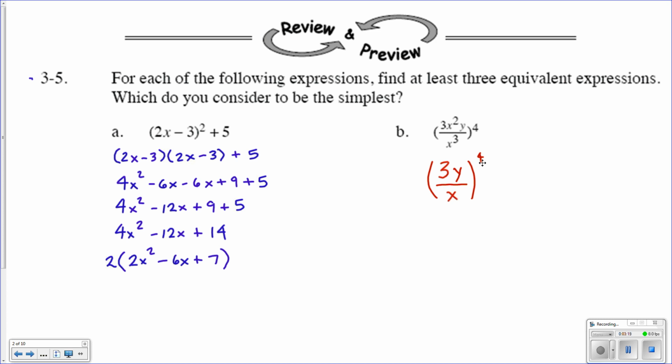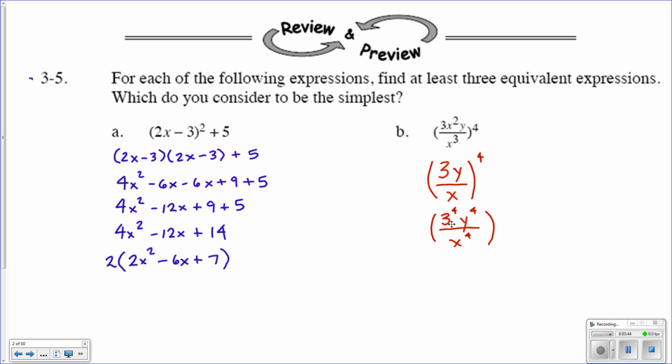I could raise everything inside of here to the fourth power. That would be another one. I could say 3 to the fourth power, y to the fourth power, over x to the fourth power. I could look at then saying, oh, well, 3 to the fourth power.